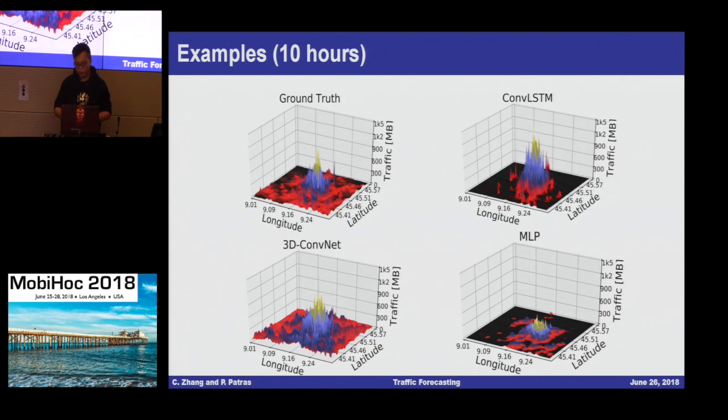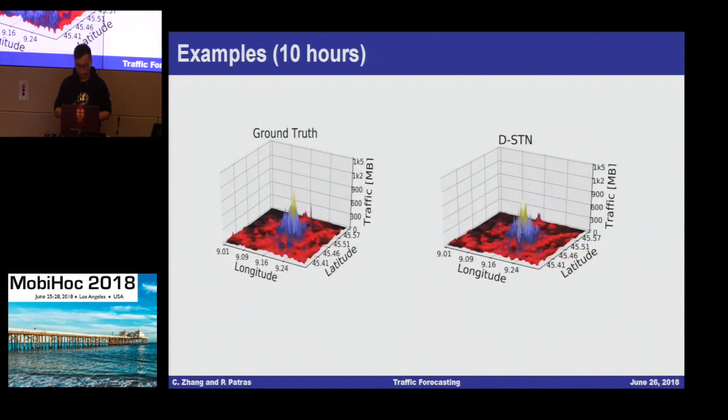And the MLP significantly underestimates the traffic volume. In contrast, our D-STN performs the best, much better than the other approaches, as it visually looks more similar to the ground truth. This means that our proposal works best in the city and in the rural area.